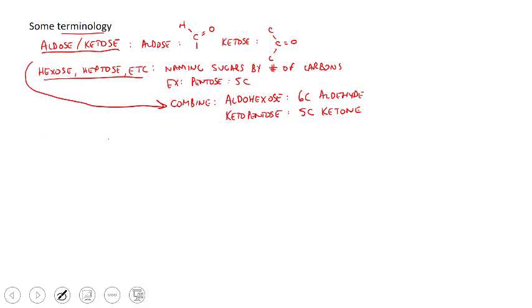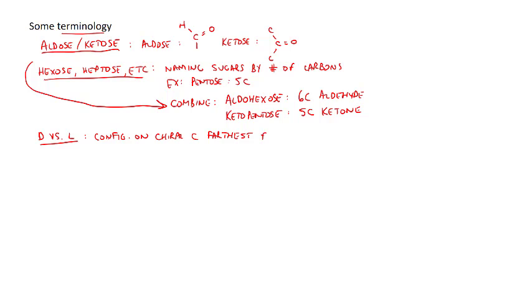All right, we already saw the D versus L configuration. This specifies the configuration on the chiral carbon farthest from the carbonyl. And that introduces some other issues of stereochemistry.